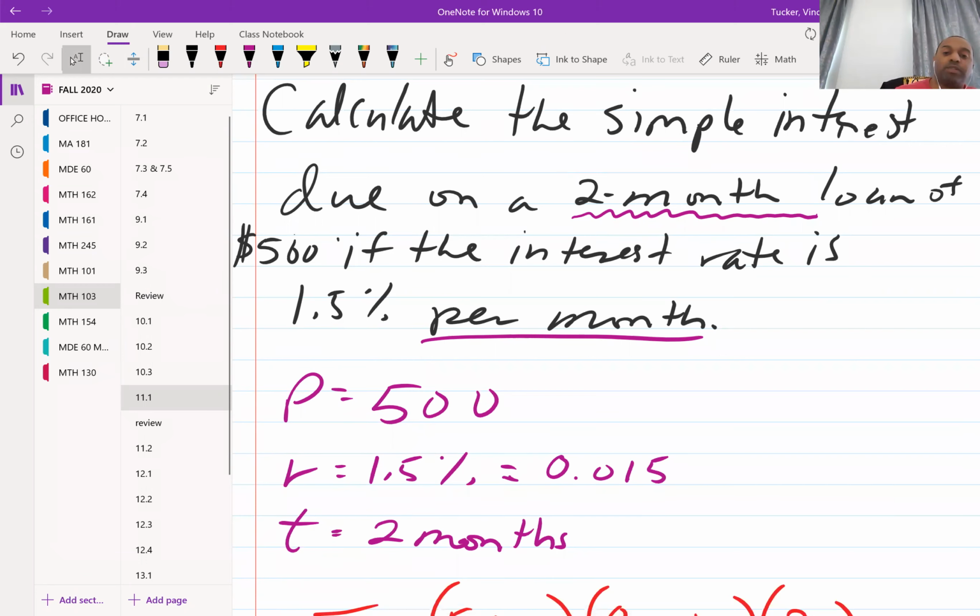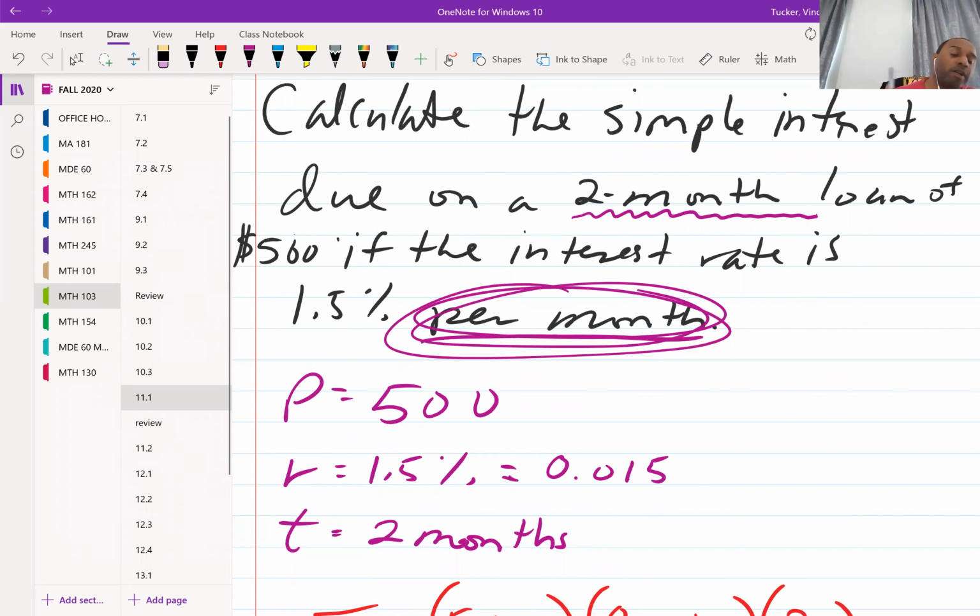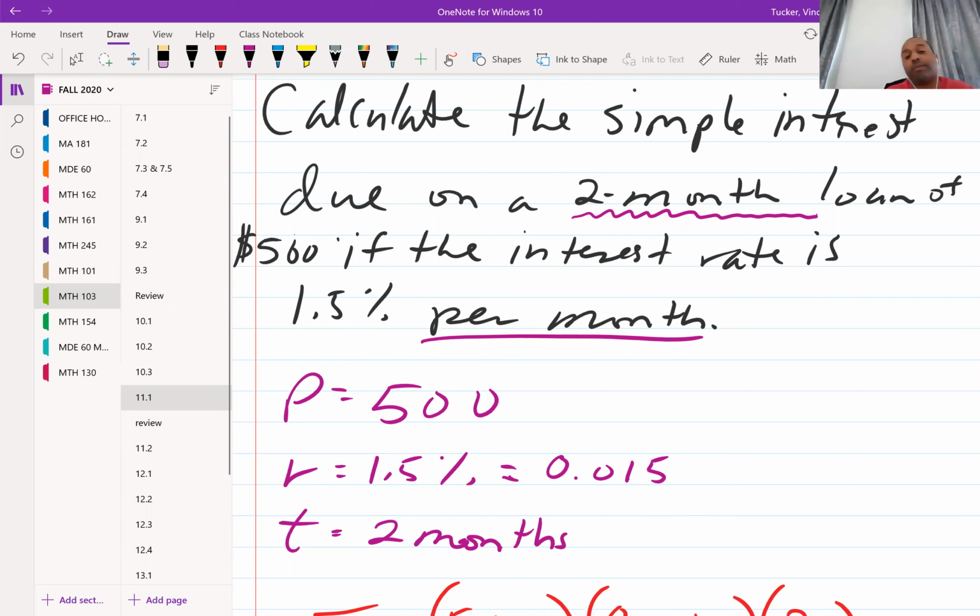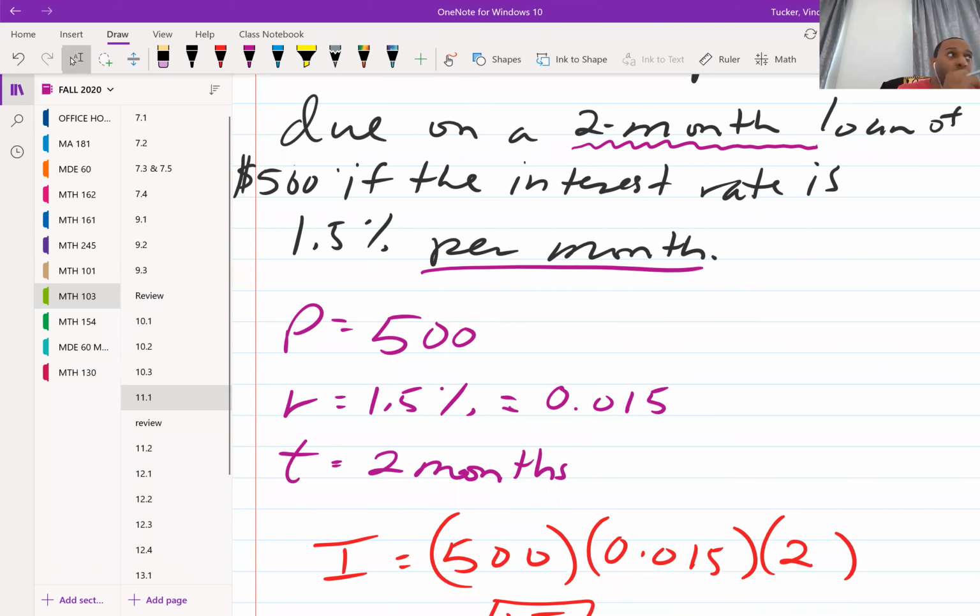Like I said, this is it right here. When you see something like that, that's what makes you do something a little different. Other than that, time is always going to be in terms of years. All right, so P is 500, R is 1.5%, which is 0.015. T is in months, so it's 2 months.